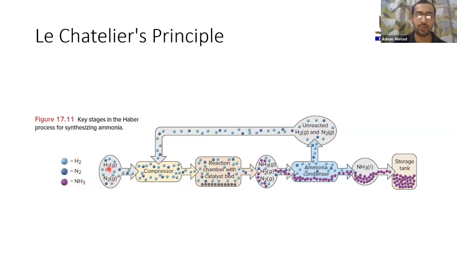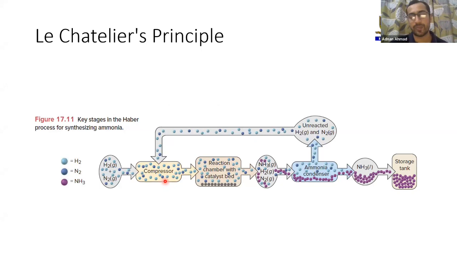So what happens when we combine H2, which is hydrogen gas, with nitrogen, N2? We have a compressor here. These two gases are compressed, which means they are pressurized. The pressure is increased on these two gases.